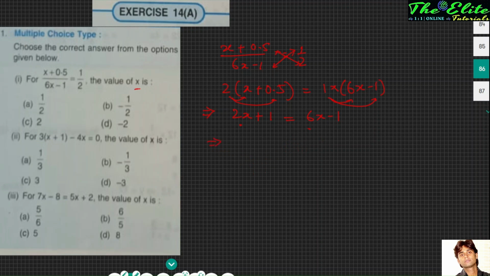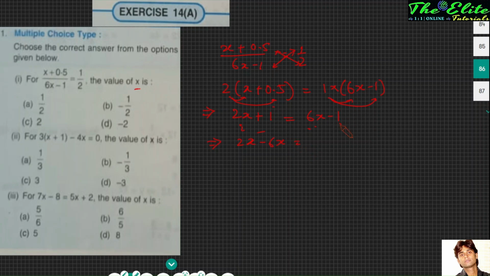We can send this to that and bring this to here, or bring this to here and send that to that, whatever you want to do. I am in the habit of bringing the variables to the left hand side, because we have to find the value, writing the variable first and then the number later, isn't it?